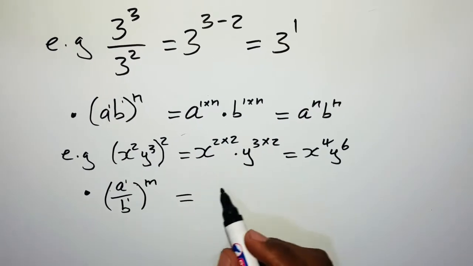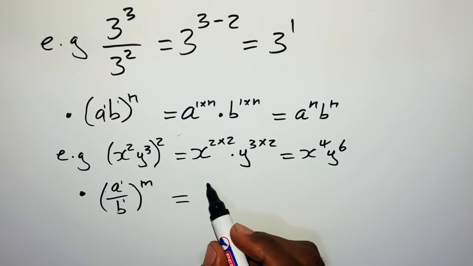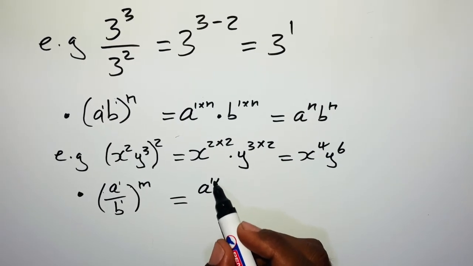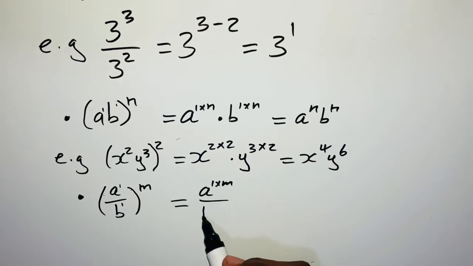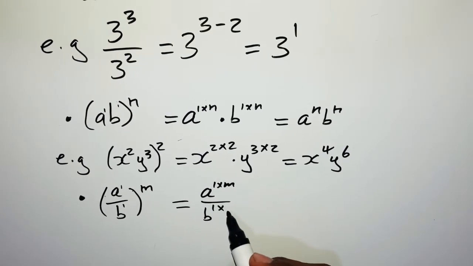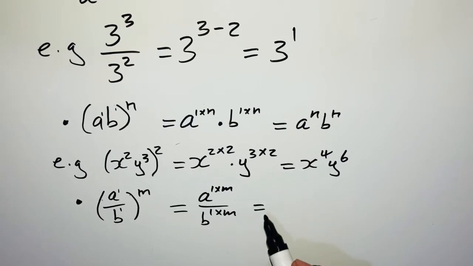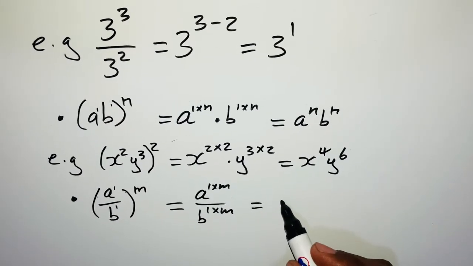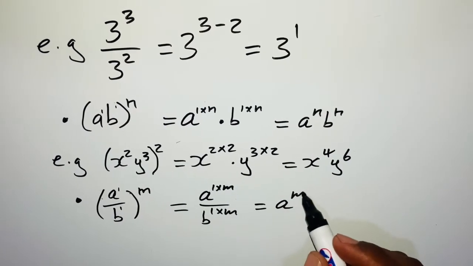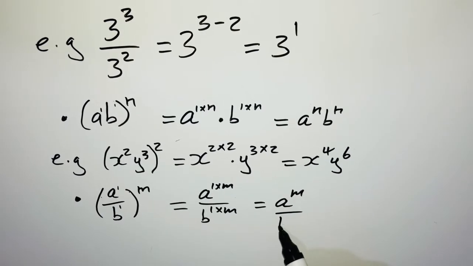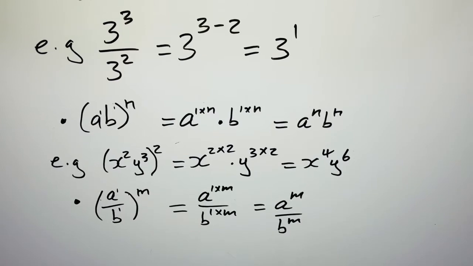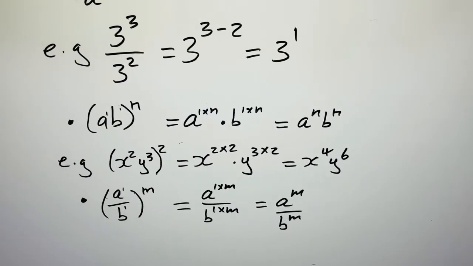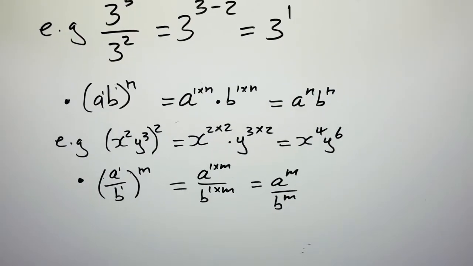So this will give us a, 1 times m, all over b, 1 times m, which will equal a to the m all over b to the m. That's our fourth law.